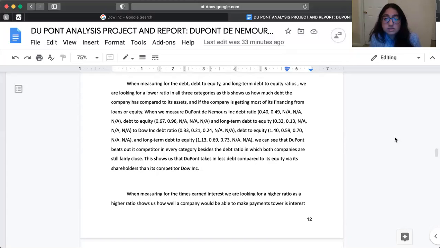This shows us how much debt the company has compared to its assets, and if the company is getting most of its financing from loans or equity.